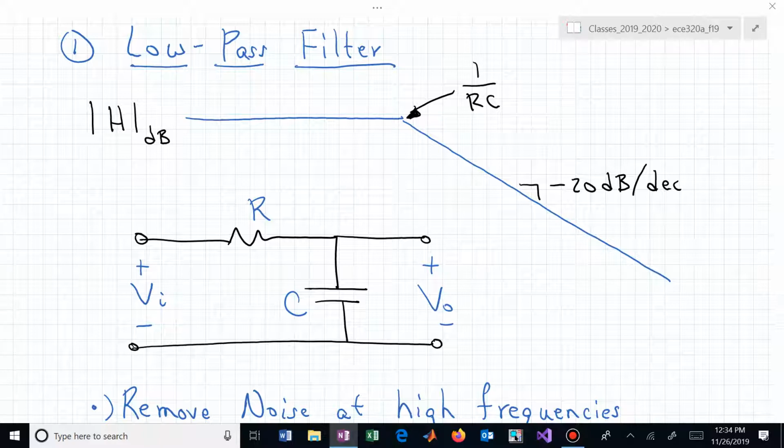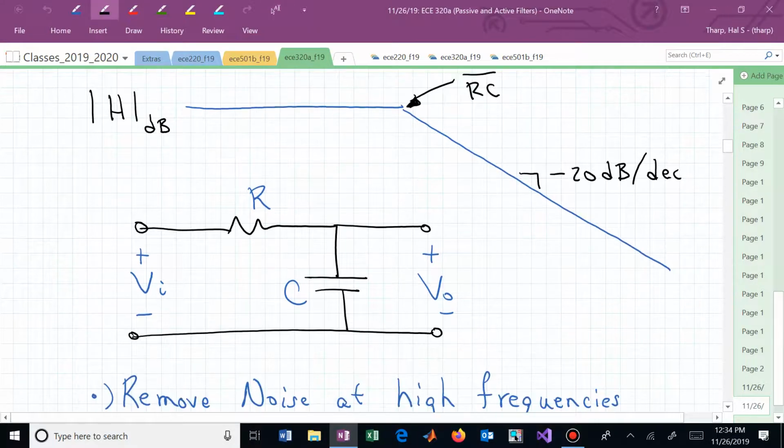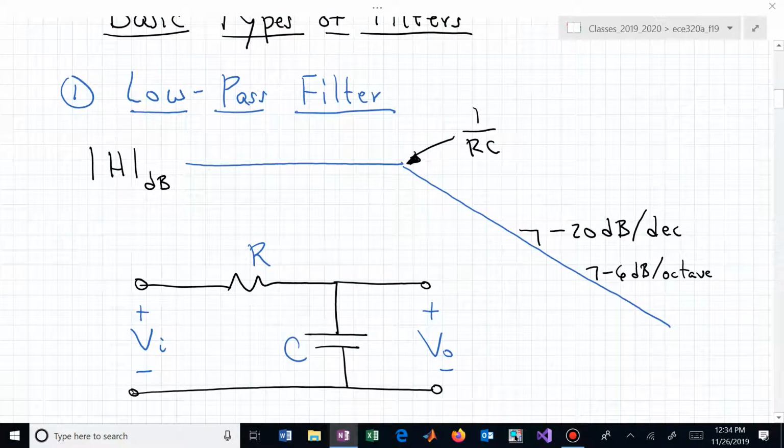In this particular case, we have the roll-off rate as minus 20 dB per decade, or we could call that minus 6 dB per octave. And we're using those two slopes interchangeably.